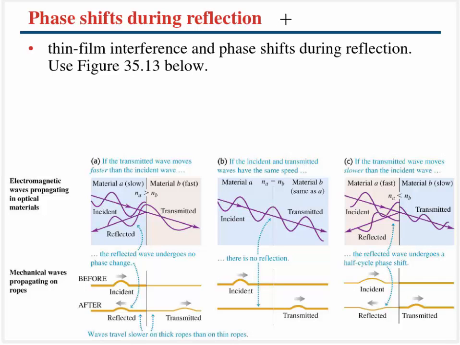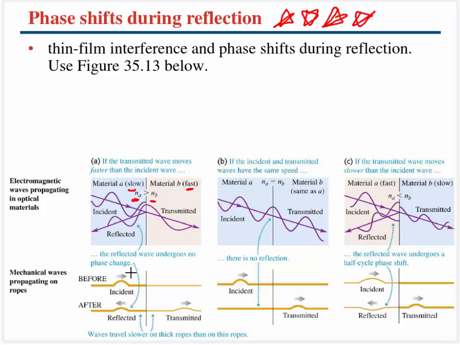Now, the whole key to solving thin film interference problems is going to be whether there is a phase shift or not. So this is a very, very important slide. It turns out that if we're going from a material with a high index of refraction to one with a lower index of refraction, I'm essentially going from a slow material to a fast material.